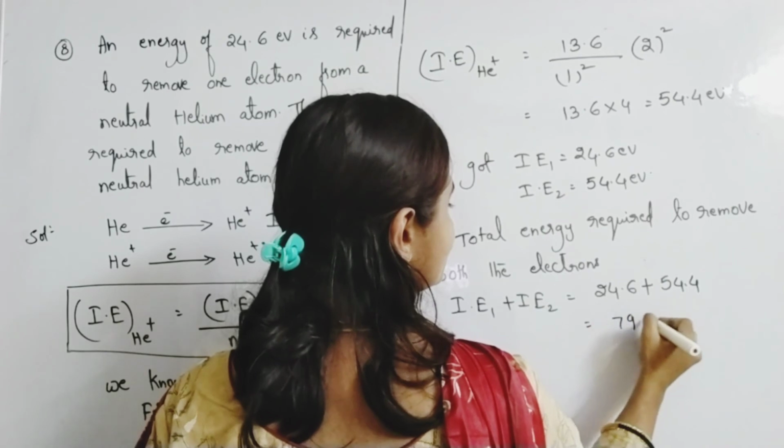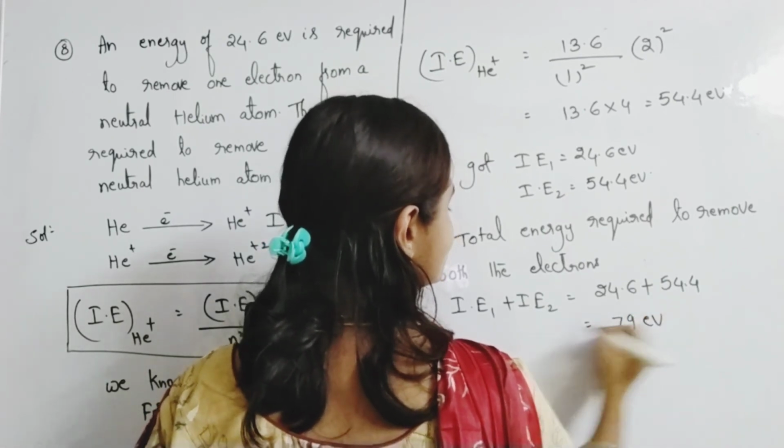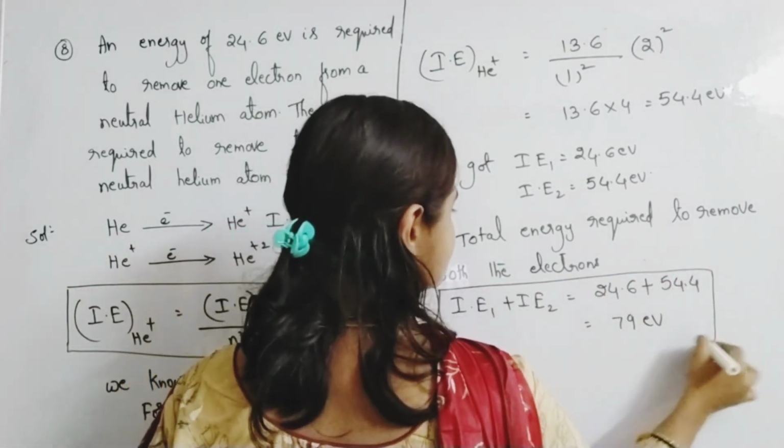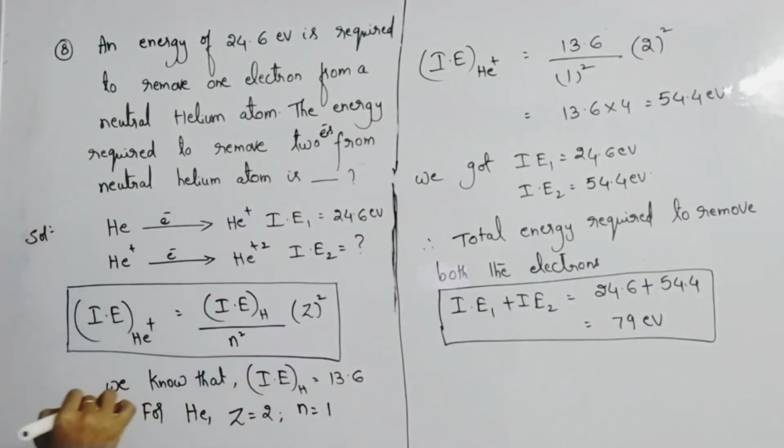I think it is 79 electron volts of energy is required. This is your answer. So total energy required to remove both the electrons is almost around 79 electron volts.